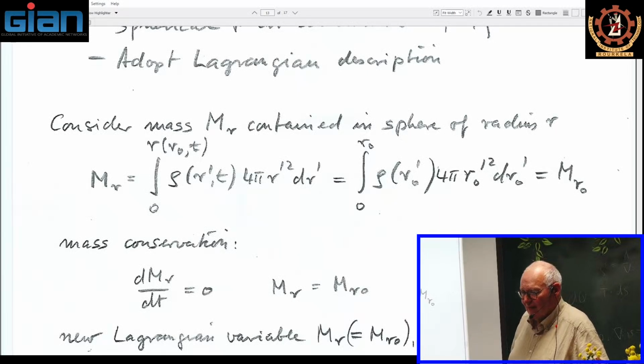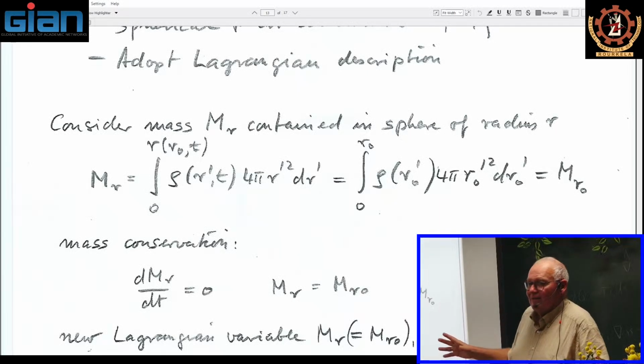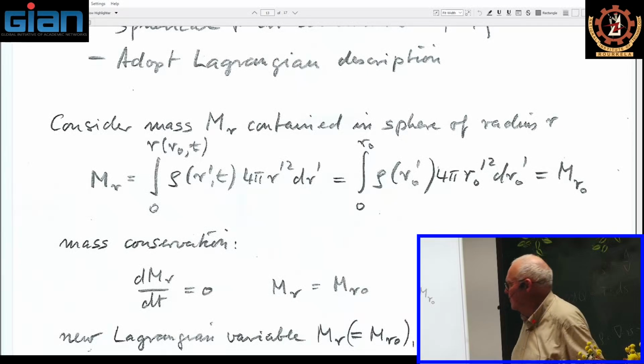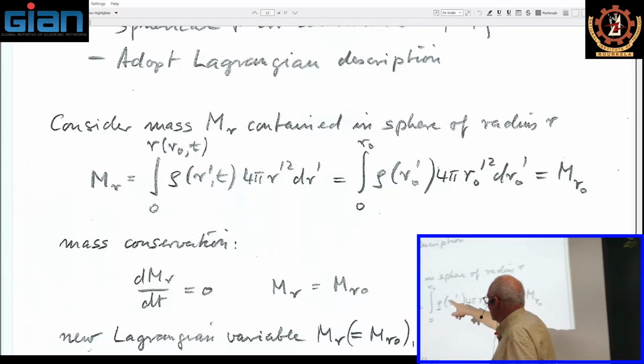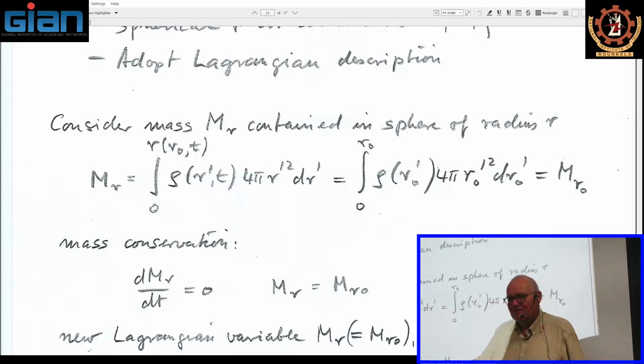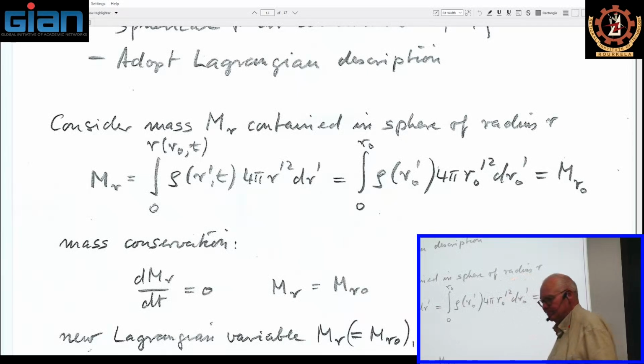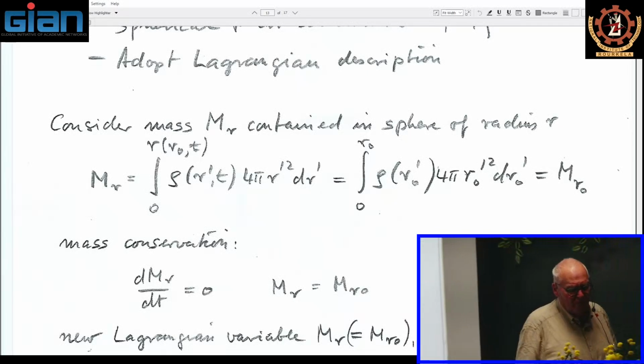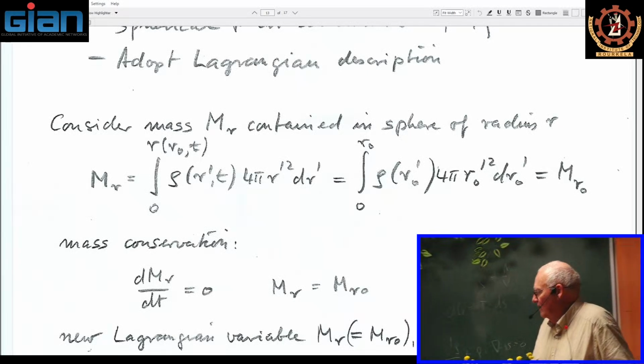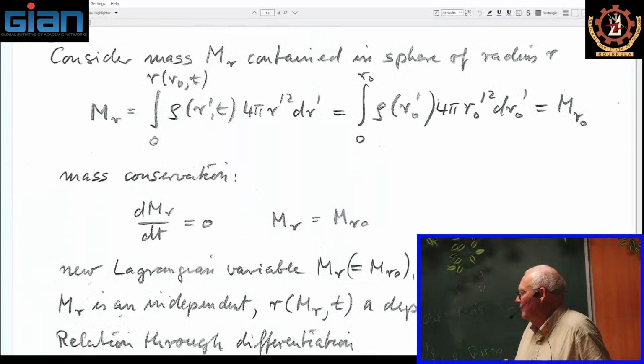This is time independent and it ensures mass conservation, and at the same time it replaces r0 as a Lagrangian variable. So it's replacing r0 with M(r0), and M(r0) is equal to M(r) due to mass conservation. So this is a new Lagrangian variable.